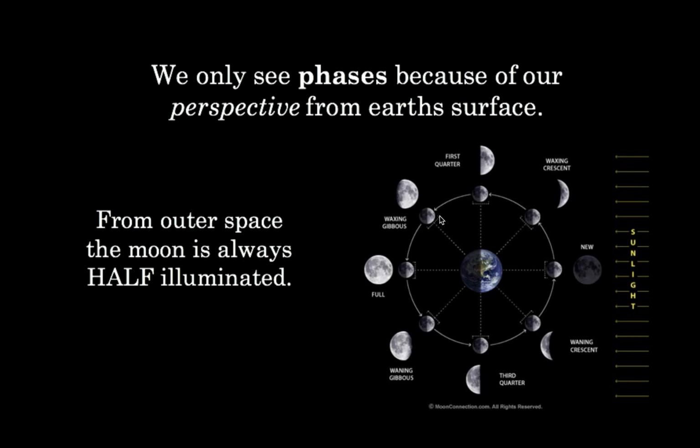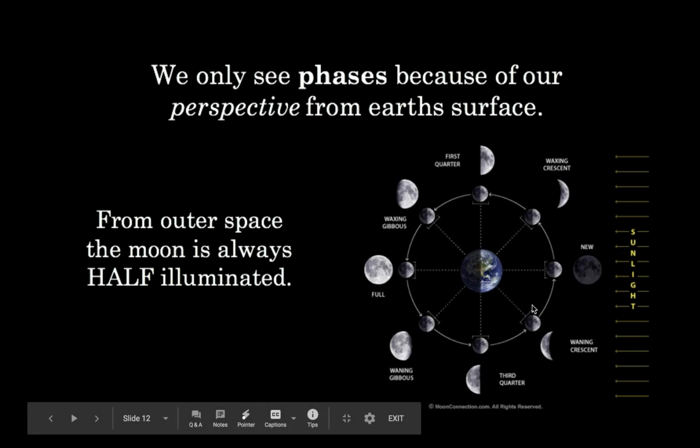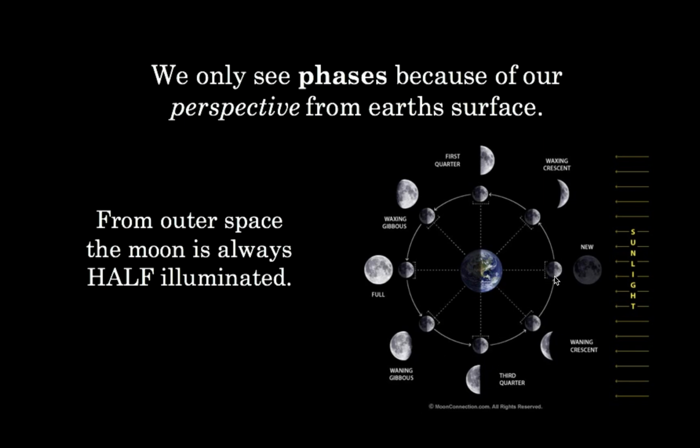It's always the side that's facing the sun that is illuminated or lit up, where the other side is dark in every single one of these positions. But depending on our perspective from Earth, we might not be able to see that illuminated side. So if we're standing here on Earth, we will only be able to see the dark side. We can't see the light side of the moon.